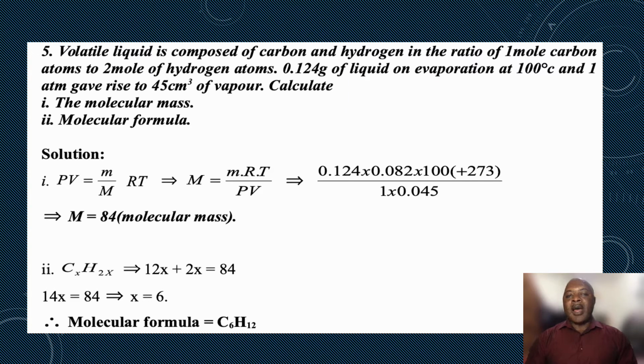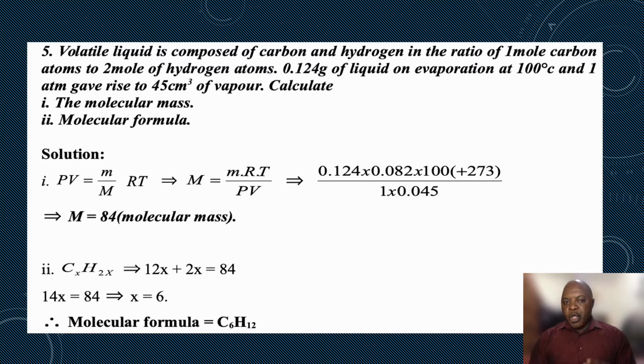Calculate the molecular mass, or the molar mass, then calculate the molecular formula. In order to have the molar mass, you need to use the ideal gas equation, which is PV equals nRT.